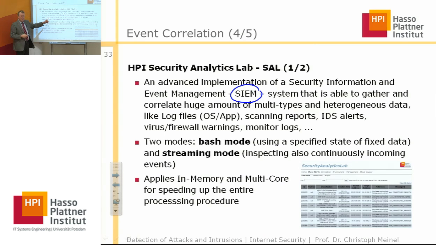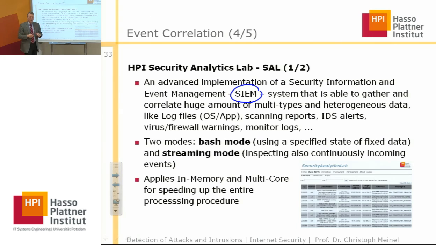The problem here is the complexity. So we try to come with a system that is able to analyze a much bigger amount of data than this was done before. And of course, we have very strong techniques. We have this in-memory technology. We have multi-core in our future SOC lab.